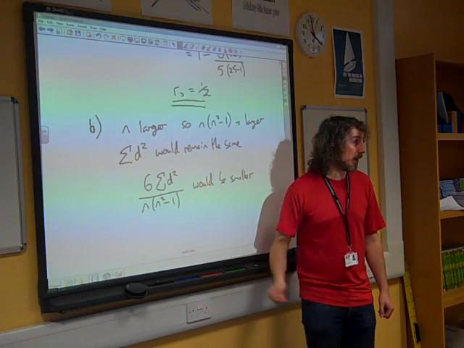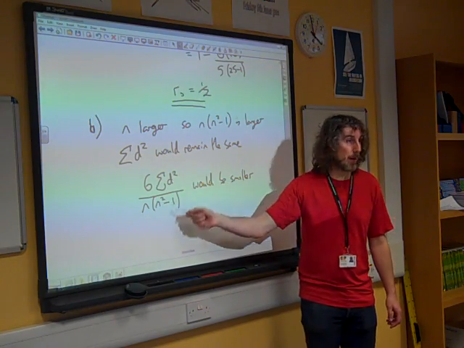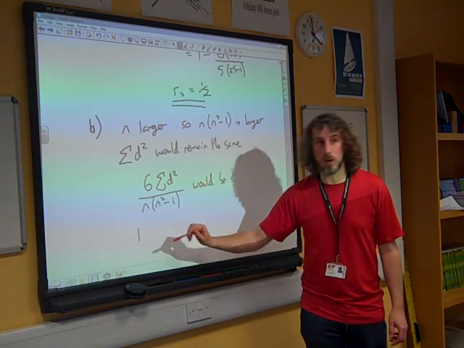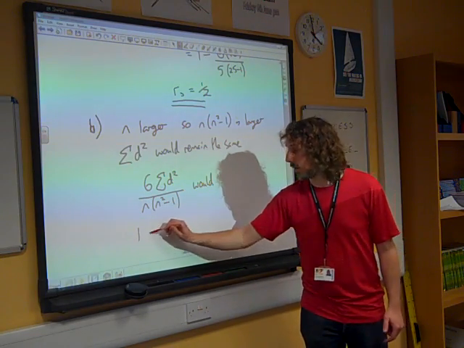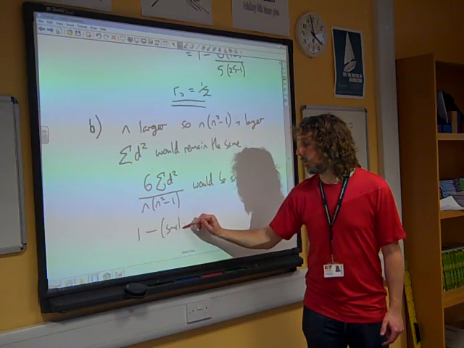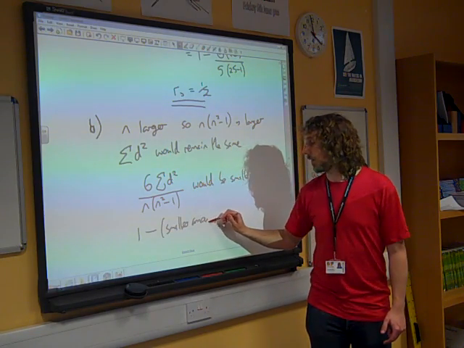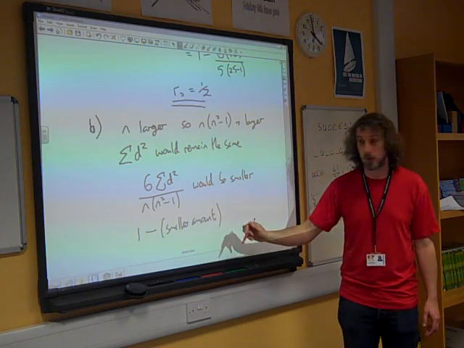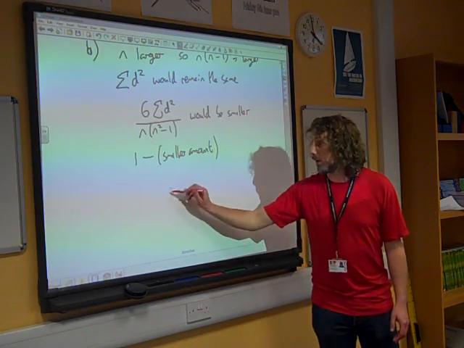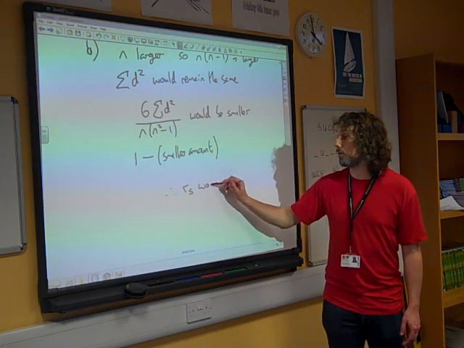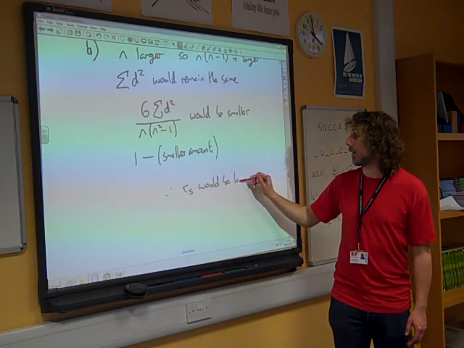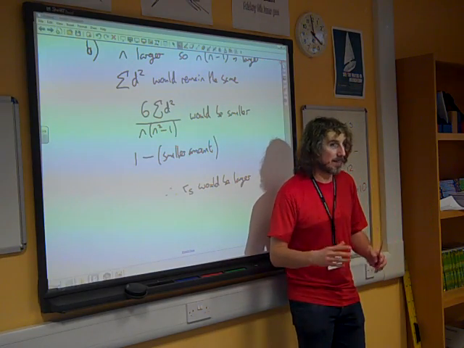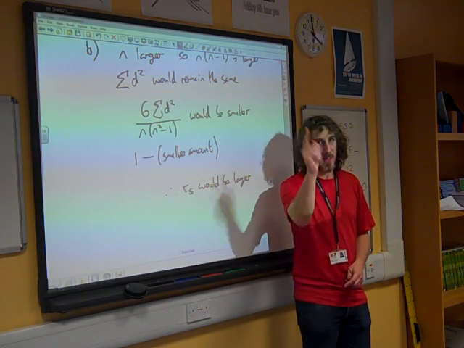And when we calculate RS, we're taking that amount away from 1. So we're taking a smaller amount away from 1. So our instinct was right. If we take a smaller amount away from 1, RS would be greater, because we've taken less away from 1. So it did kind of tally. And that's maths.